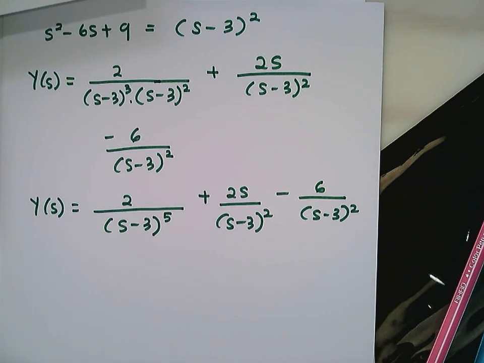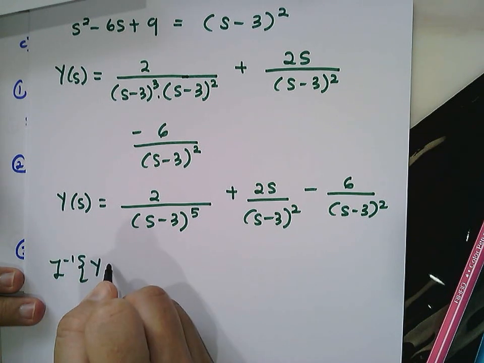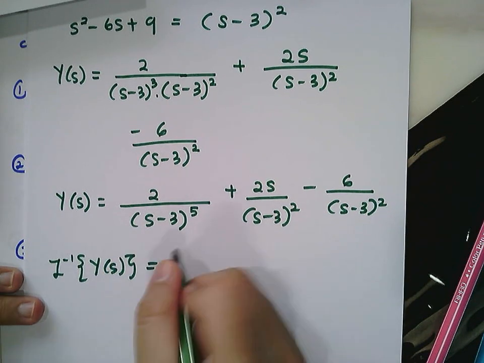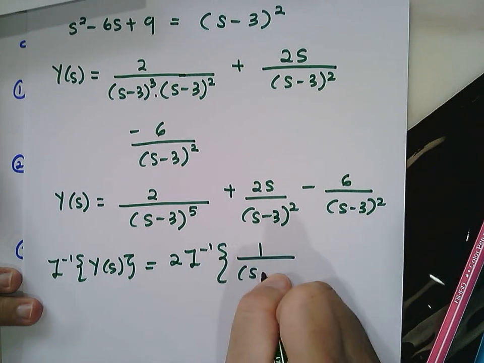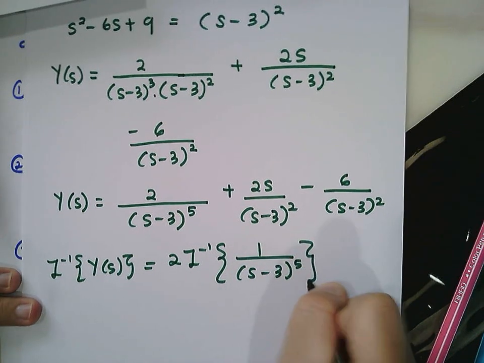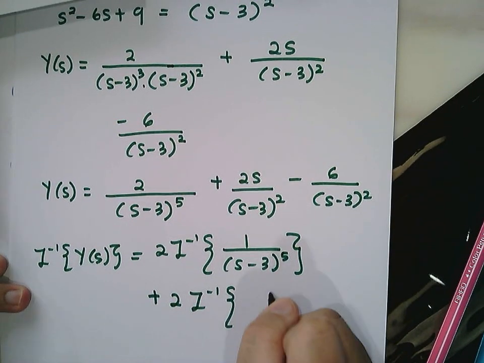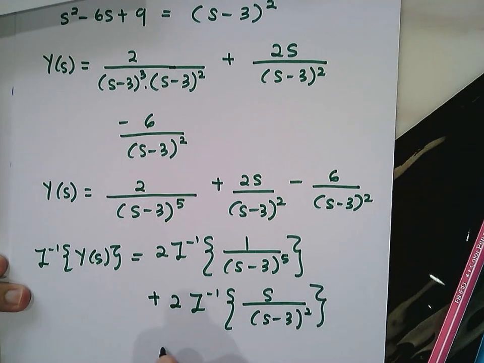So the inverse of Ys is equal to, 2 is a constant, so the inverse of 1 over (s minus 3) to the power 5, plus 2 inverse of s over (s minus 3) squared, plus 6 inverse of 1 over (s minus 3) squared.